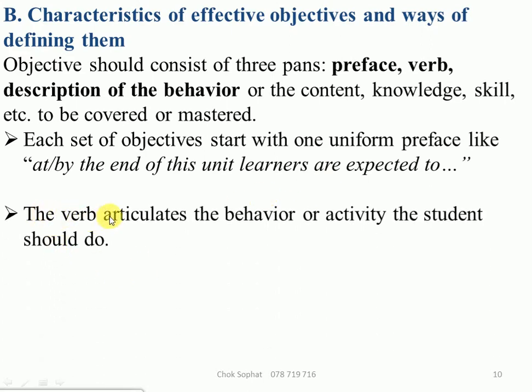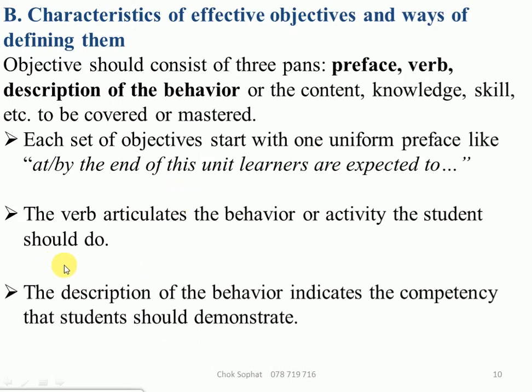The verb articulates the behavior or activity the student should do. So the verb that we use in the objective must be an action verb. We use the action verb to describe in the objective.